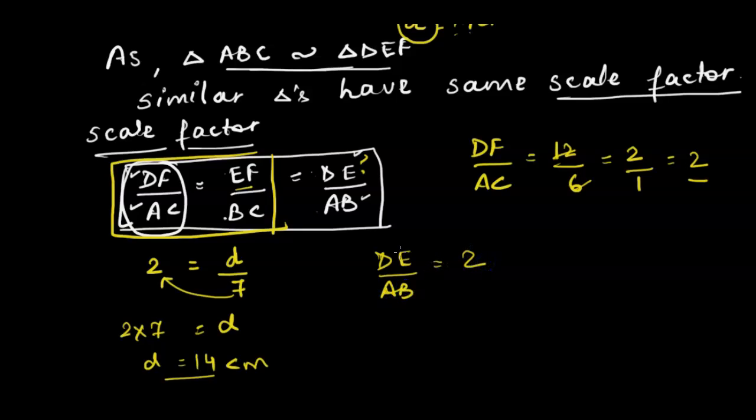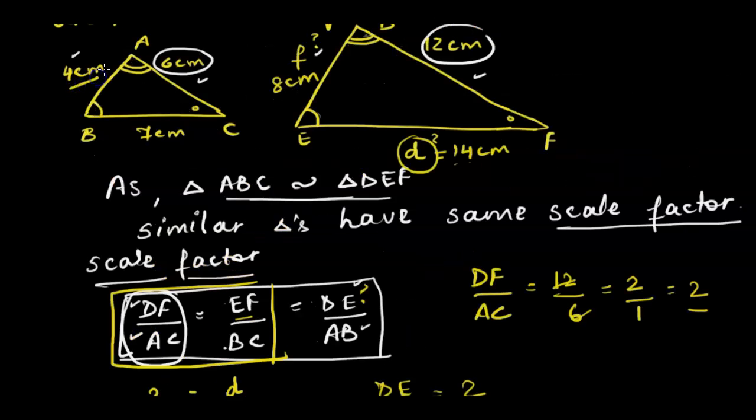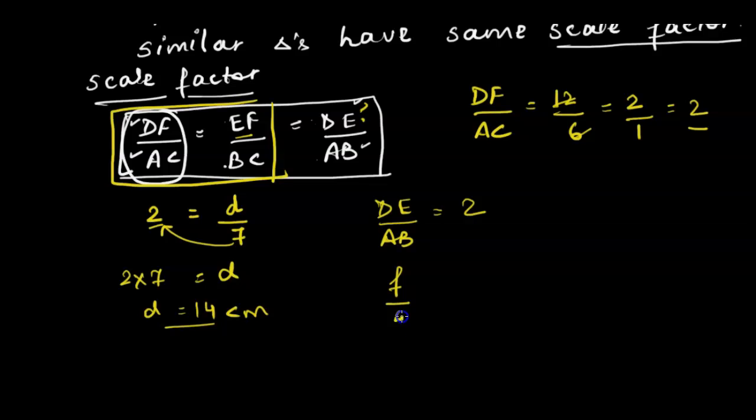So always remember, we get the scale factor from one of the ratios, and we can just put that scale factor equal to the ratio of the other sides. DE is what we are looking for, and that is the side F. AB is given to us as 4, so we put F over 4 equal to 2. F would be equal to 2 times 4, which is equal to 8 centimeters. And this is how we get side F and D for this particular question.